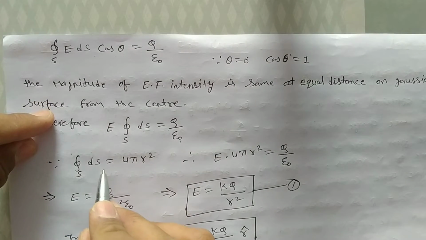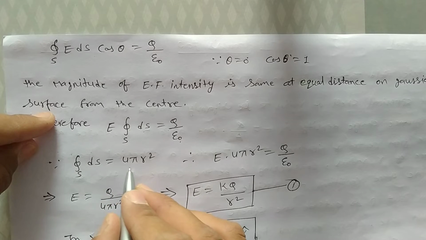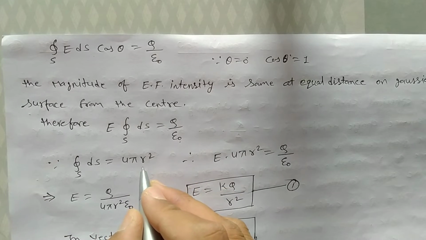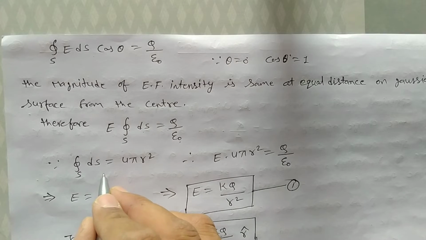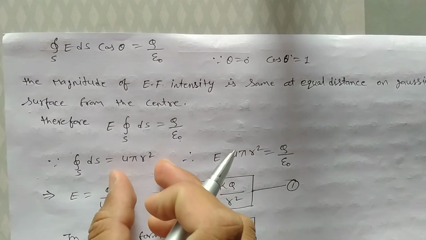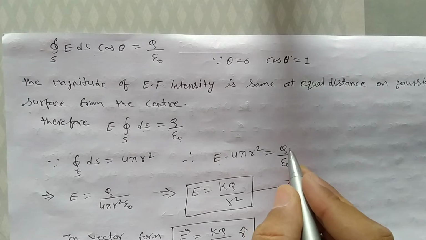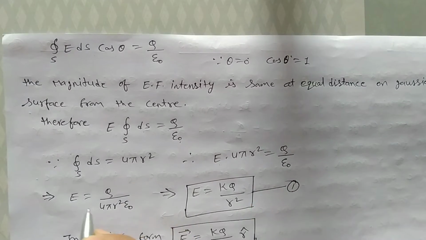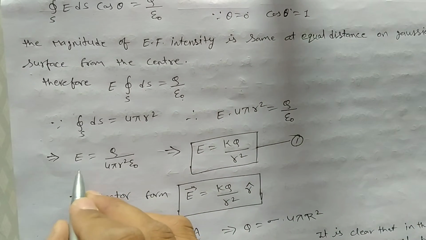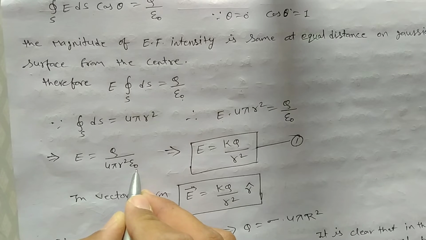The closed surface integral of ds is the surface area of the Gaussian surface, and we know that the surface area of a sphere is equal to 4 pi r square. Here r, small r, is the radius of the Gaussian surface. So E into 4 pi r square is equal to Q upon epsilon naught. Transferring the term to this side, we get E is equal to Q upon 4 pi r square epsilon naught.